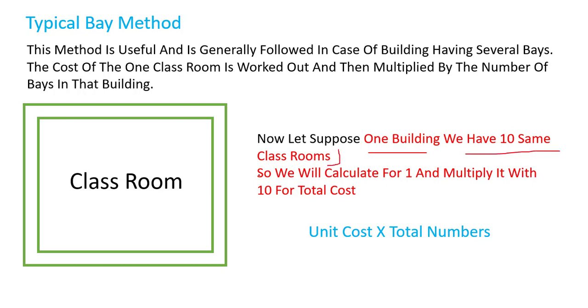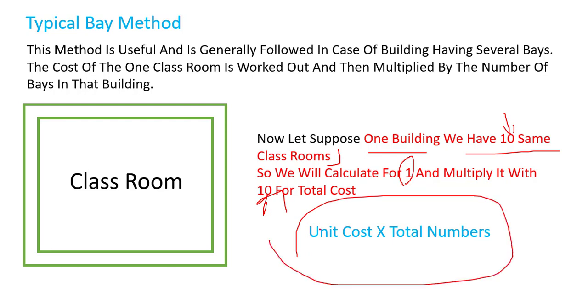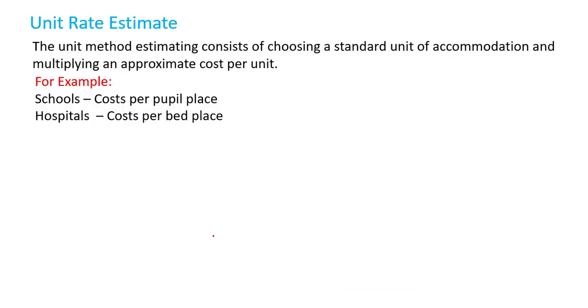In this case we'll just calculate the estimate for one classroom and multiply it with the total, let's suppose 10, to find out the total cost. So the unit cost for one classroom multiplied by the total number will give us the total cost. This is the typical bay method.